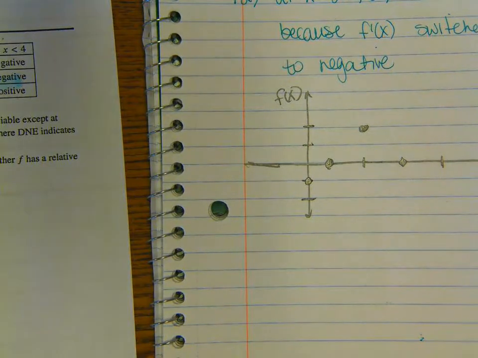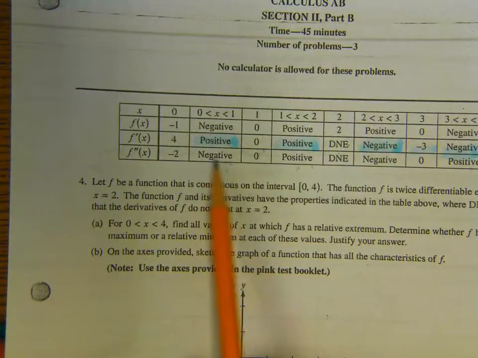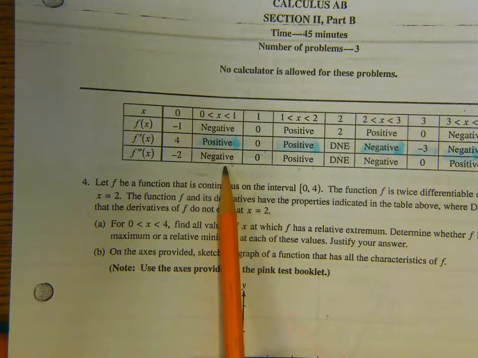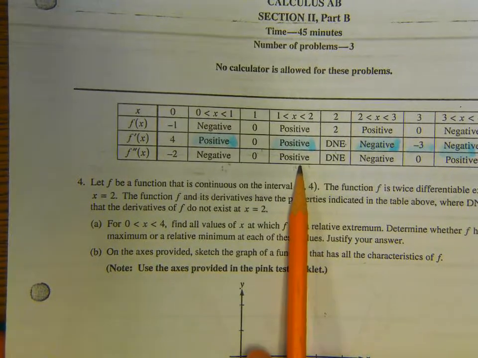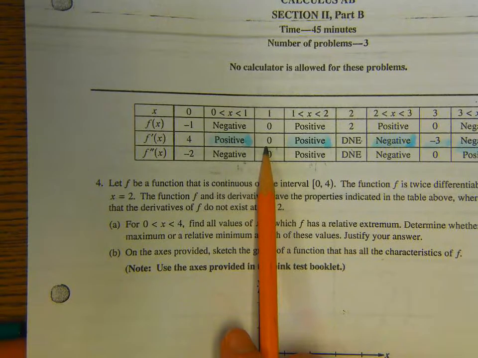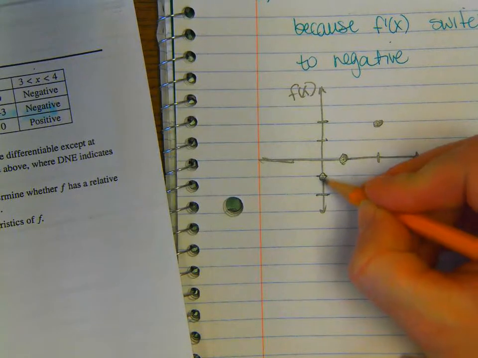Now, from 0 to 1, I'm going to make this concave down, and then concave up from 1 to 2. Also, I'm going to make the slope 0. So this is what I'm going to do when it crosses. I'm going to go like something like this.